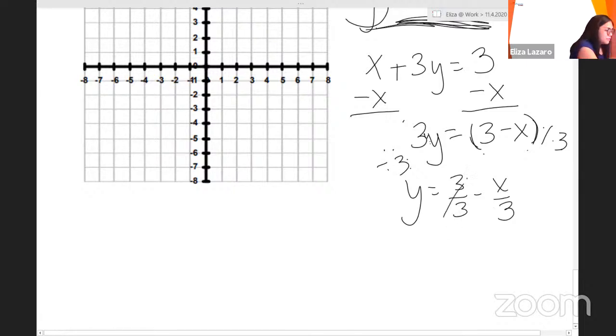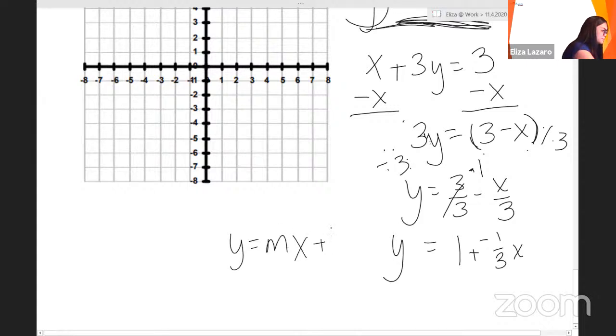And 3 over 3 is really just 1, right? And this is really 1/3 times x. So it might be easier to look at it that way. And then this is going to be 1. I like to add the negative 1/3 x, since this negative sign is going to go with that. And we're left with y on that side by itself. So this kind of looks like slope-intercept form, y equals mx plus b.